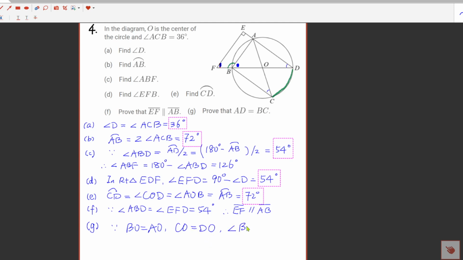Also angle BOC equals angle AOD, right? Therefore we have triangle AOD is congruent to triangle BOC by SAS congruence. Therefore corresponding sides are equal. So AD equals BC. You get it?